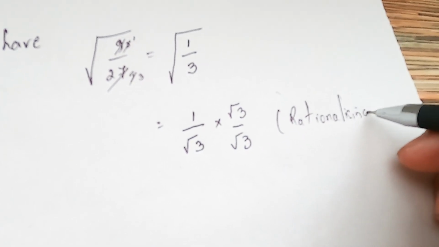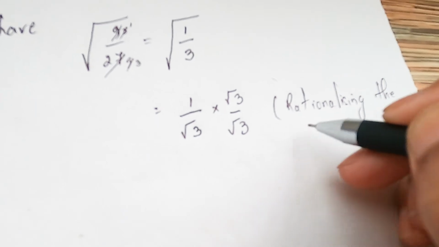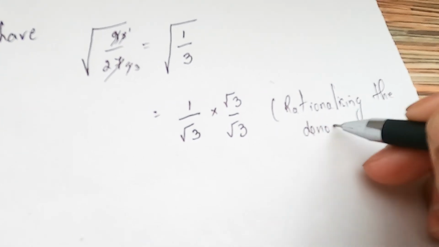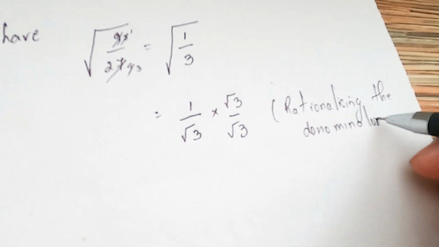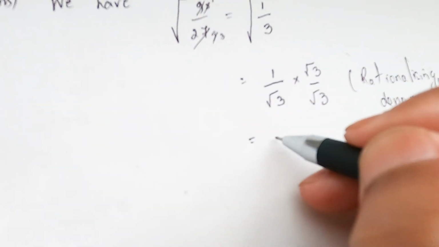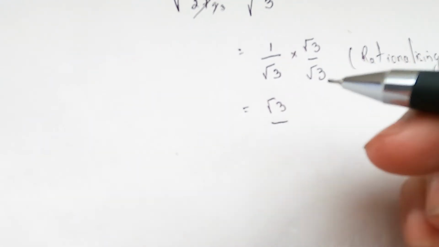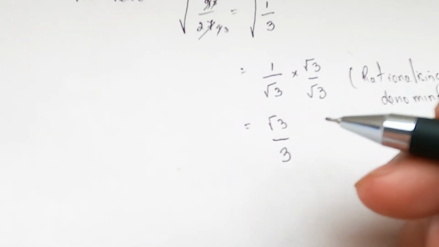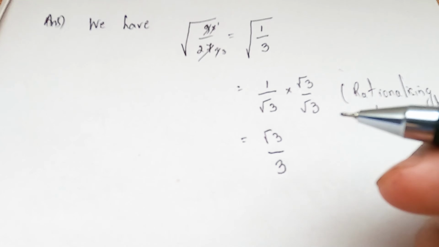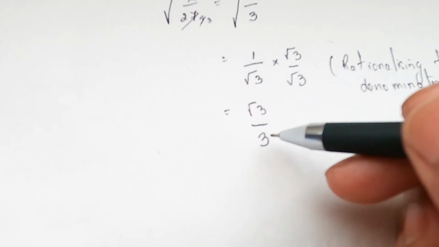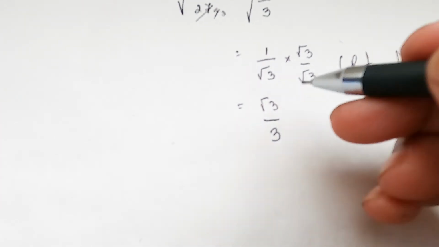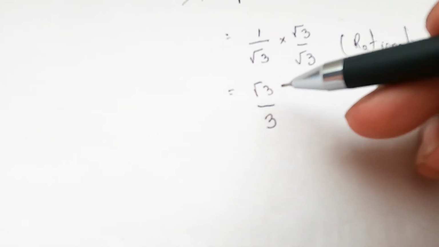So in this case we have root 3 by, so root 3 into root 3 we will be left with 3. All right, so in this case we know that root 3 is an irrational number.